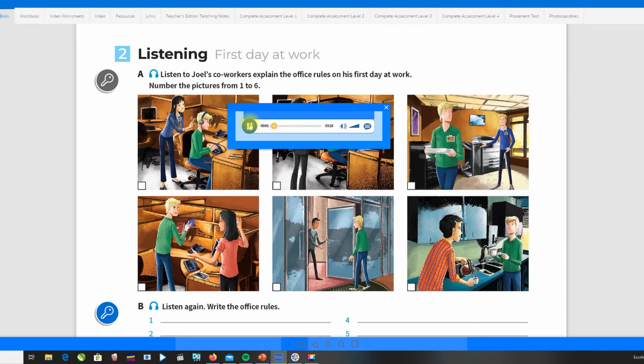Page 7. Exercise 2. Listening. First day at work. 1. Oh, good morning, Mr. Brown. Welcome, Joel. I hope you enjoy your first day. If there's anything I can do to help, please just ask. Thank you.